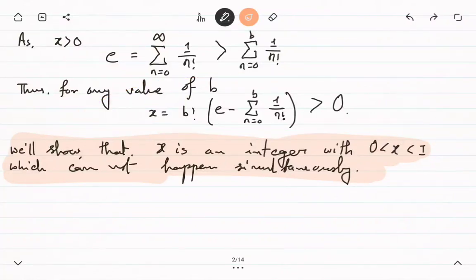Next we have to show that x is less than 1.